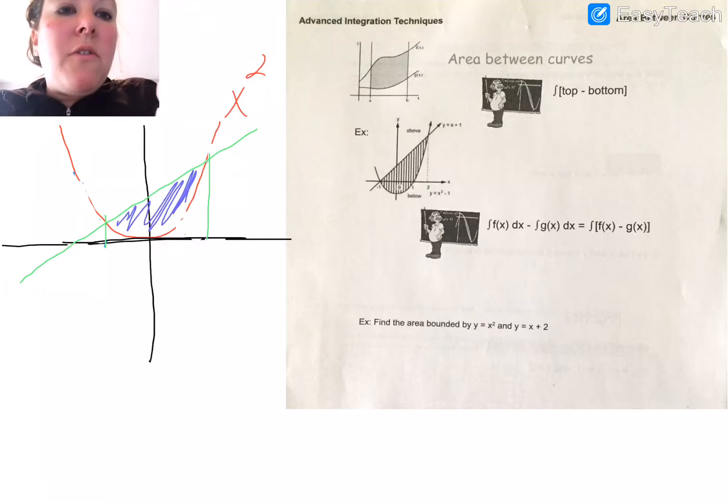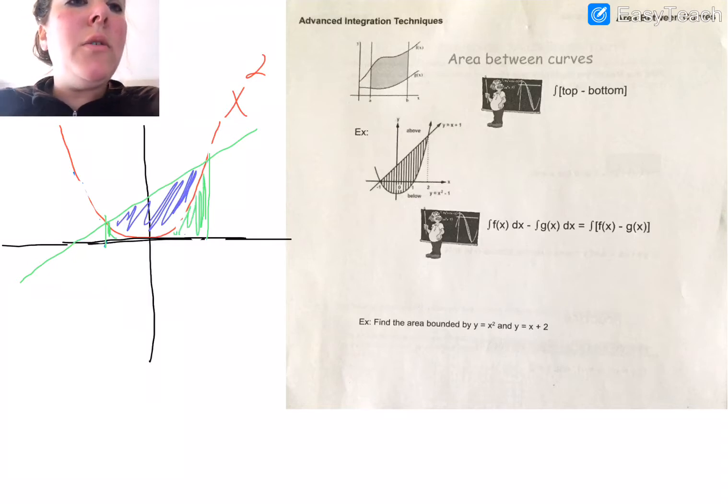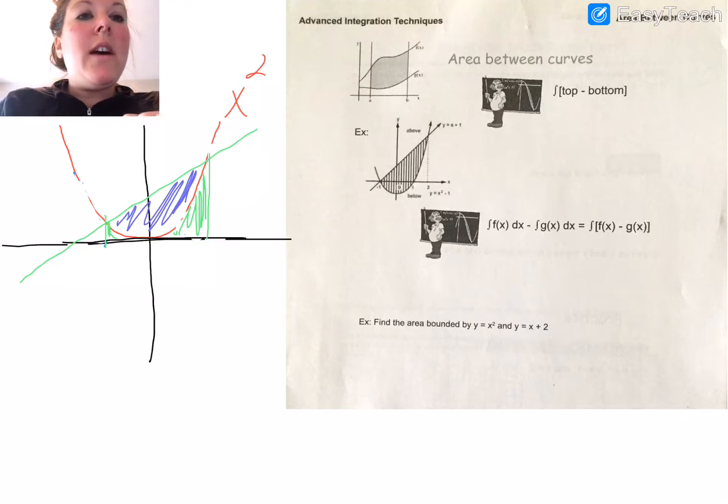So the area of this green is going to be all of this, and it's going to include the purple. So the area under the green function is the purple and the green shaded.